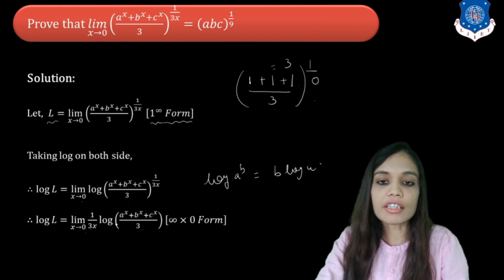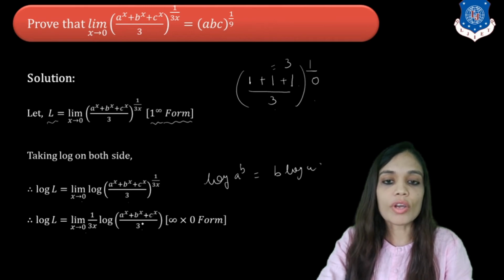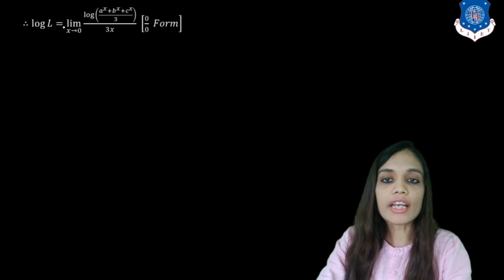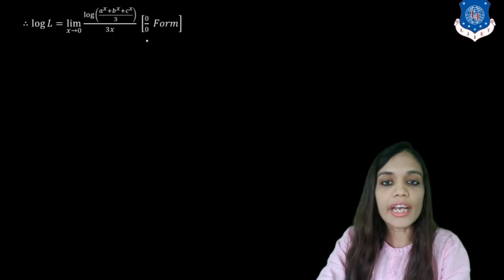We will take this 3x this side, so we will get limit x tends to 0 1 upon 3x log of a raised to x plus b raised to x plus c raised to x upon 3, and this will take infinity into 0 form. Now we will rearrange the terms. So we will get log L is equal to limit x tends to 0 log of a raised to x plus b raised to x plus c raised to x upon 3, upon 3x. Now if you put x tends to 0, you will get 0 by 0 form.